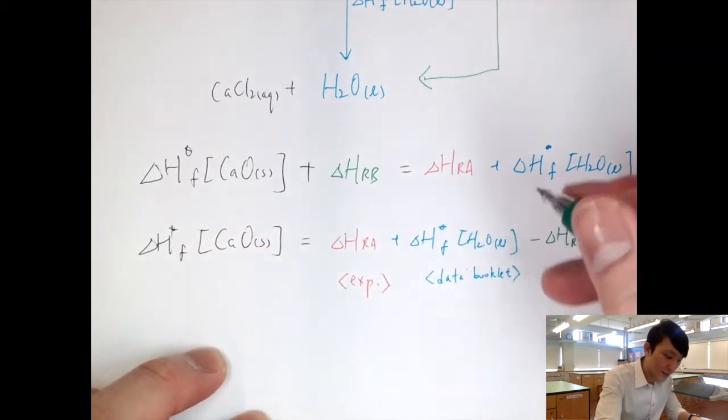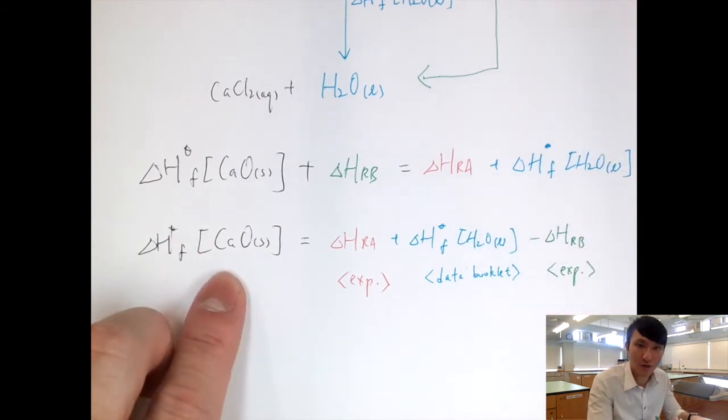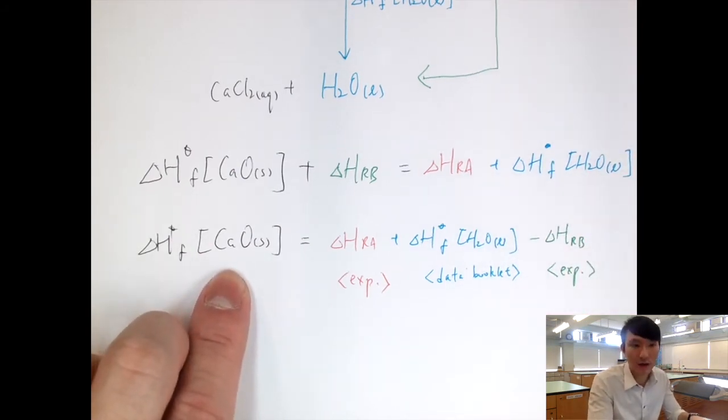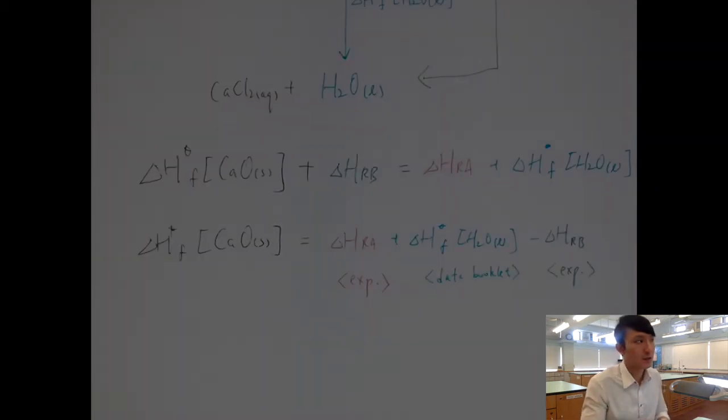This is how you can find out the standard enthalpy change of formation of calcium oxide by an indirect method. Now let's go back to the experimental procedure and see how we can carry out the calorimetric experiment.